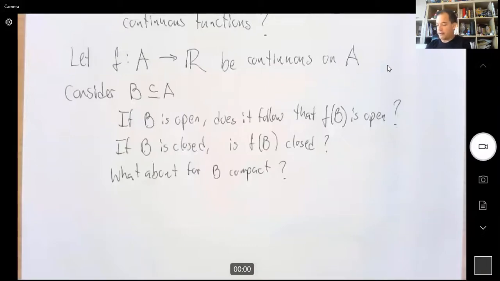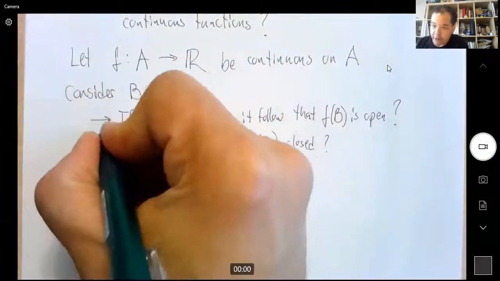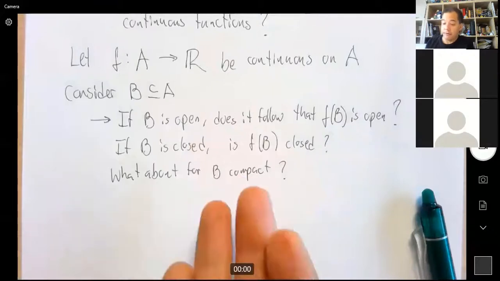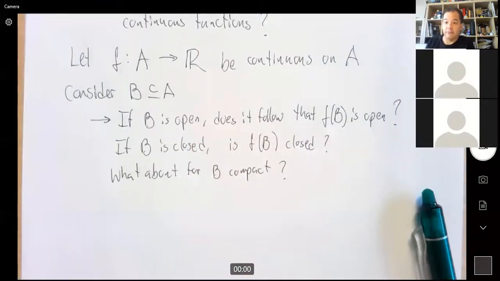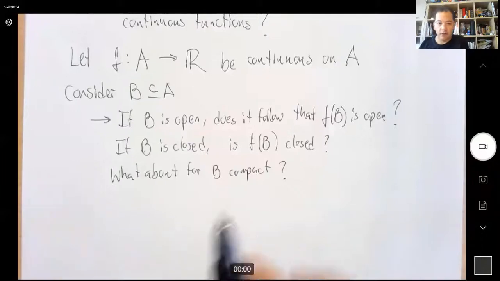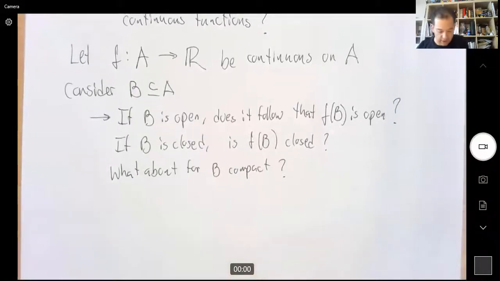So what do you think? Let's start with this one, open. So we have an open set. Does it follow that the image is open, right? And I'll make it even easier for you.